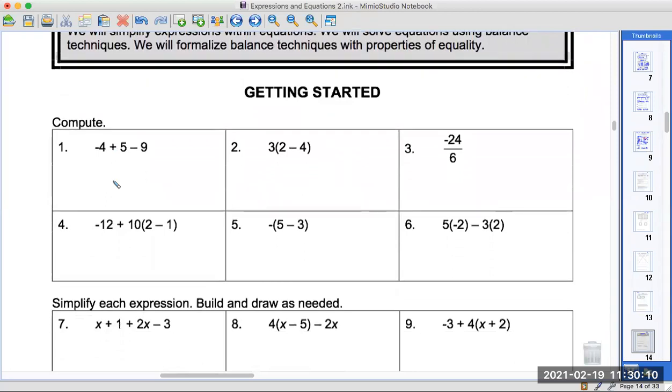So let's get started. No calculator here. We're going to try this with mental math. -4 + 5 - 9. We go from left to right. Remember, order of operations was PEMDAS. I'm going to put it over here.